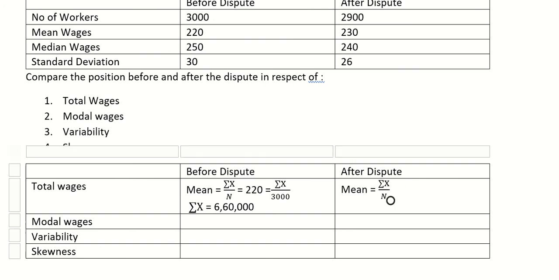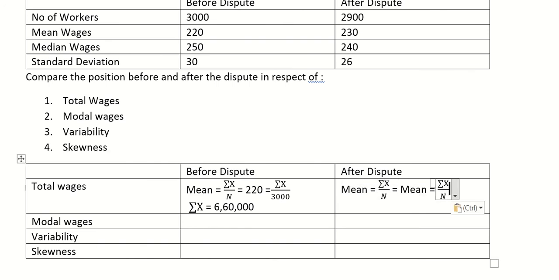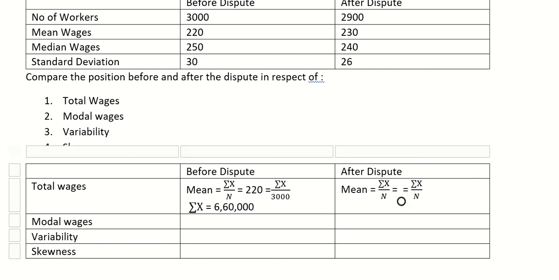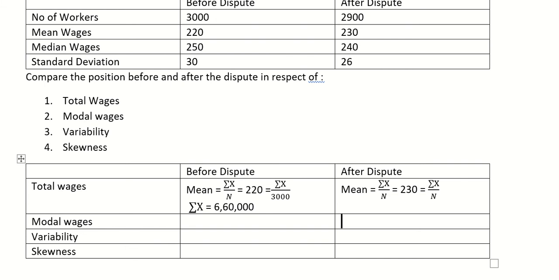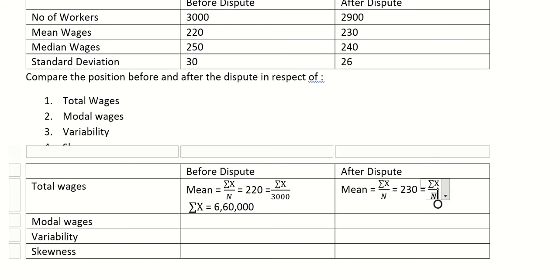Now we'll see how much wages they are paying. Now the mean is 230, so I will apply 230 here, and n, the number of workers, is now 2,900. They have reduced the number of workers.